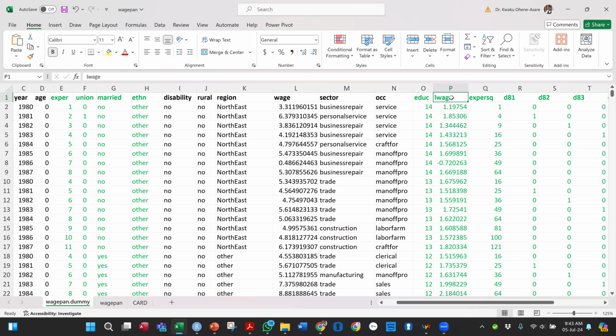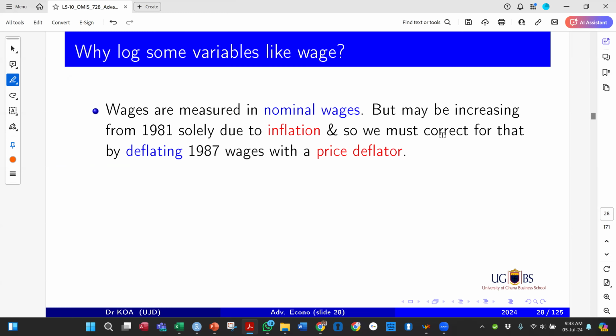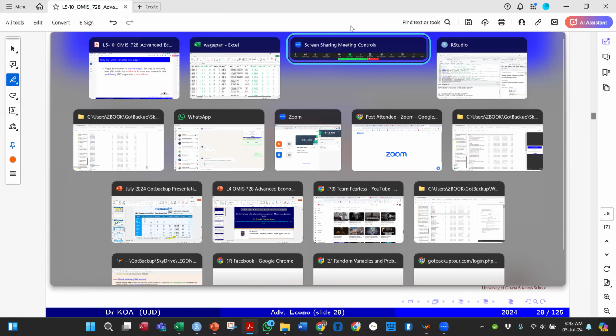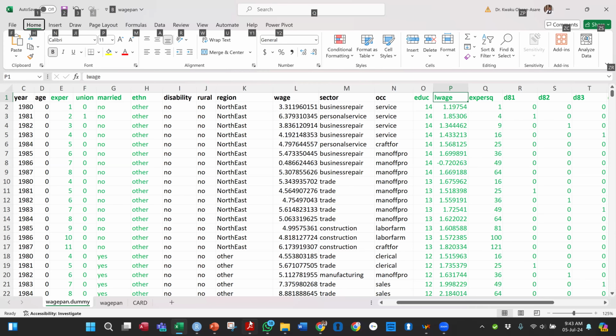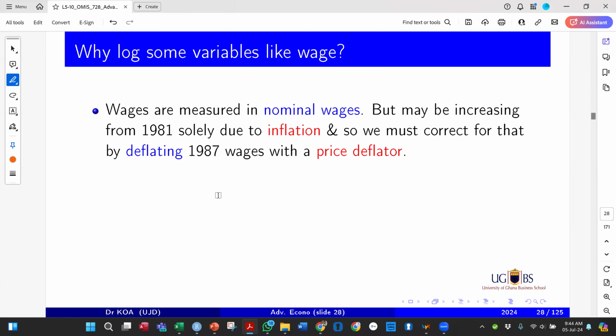The wage is not important; what is important is the purchasing power. That is why you take the log. If you want to capture it properly, you take the log.